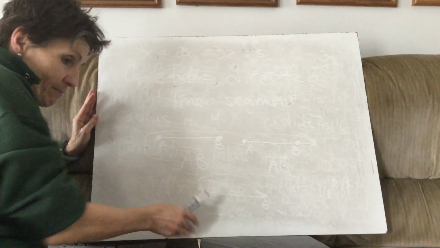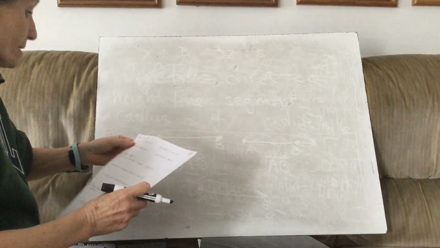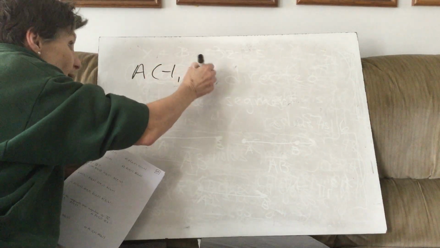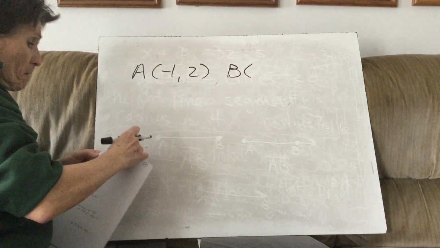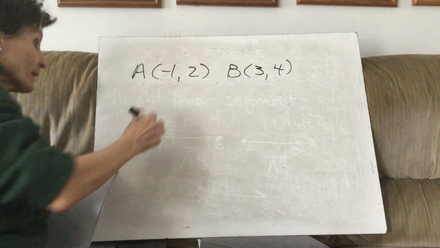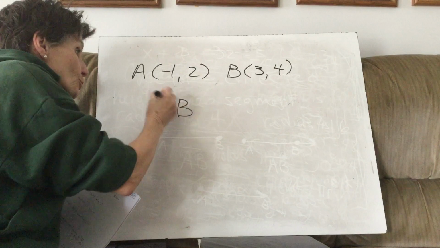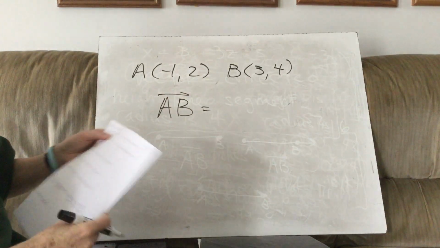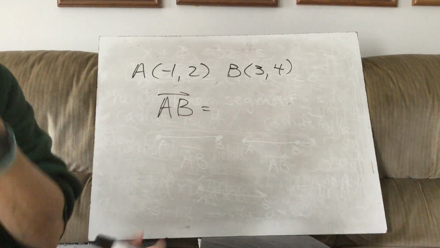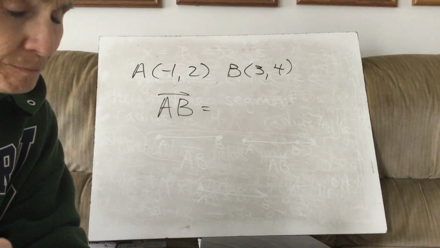so here we go. First problem says, here's point A, and here's point B, and we're going to find the vector from A to B. Now, you'll notice that this little symbol here does not have 2 arrows. Sometimes people put 2 arrows on there.